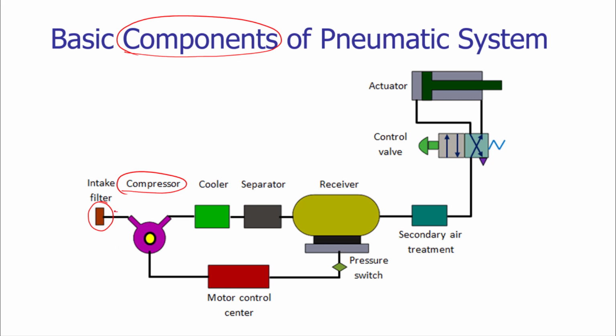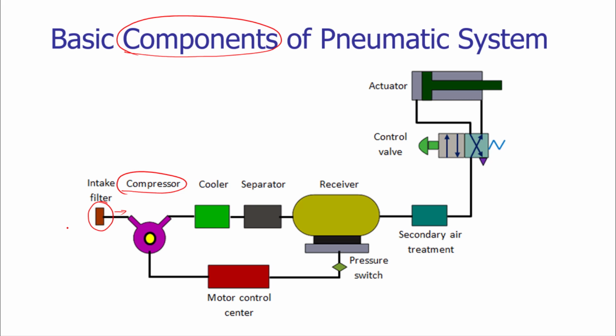When it takes the air inside for the increase in its pressure, it needs to filter. The environmental air may have a lot of impurities, may have solid particles. So to protect the compressor unit and to have pure, clean air, we need to filter it out. As the compressor is compressing the fluid, it increases the temperature.